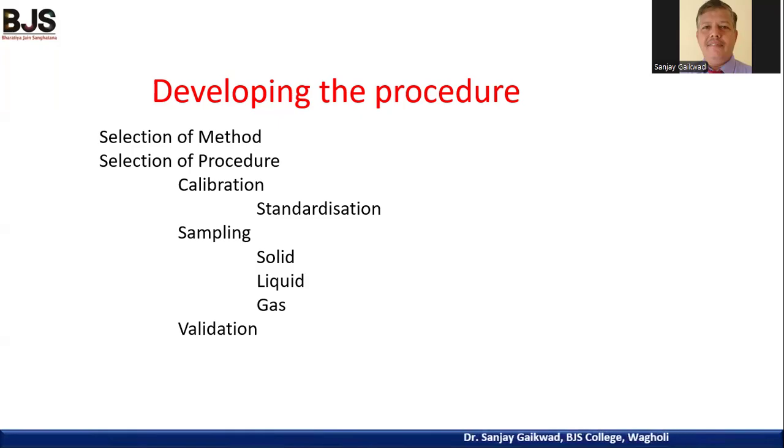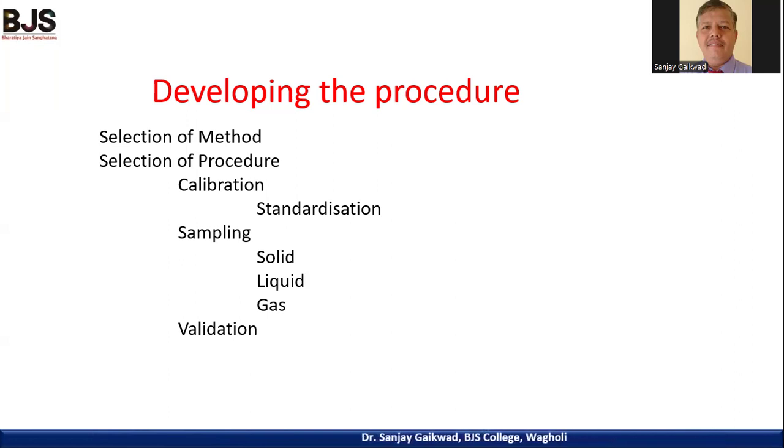Now, in case of the sample, there are many types of sample, like gross sample and analyte sample. We are not taking the whole sample for the analysis. From that, we can select the gross sample, and from that, the analyte sample, because every part of the sample should represent the whole body, and therefore sampling is most important.